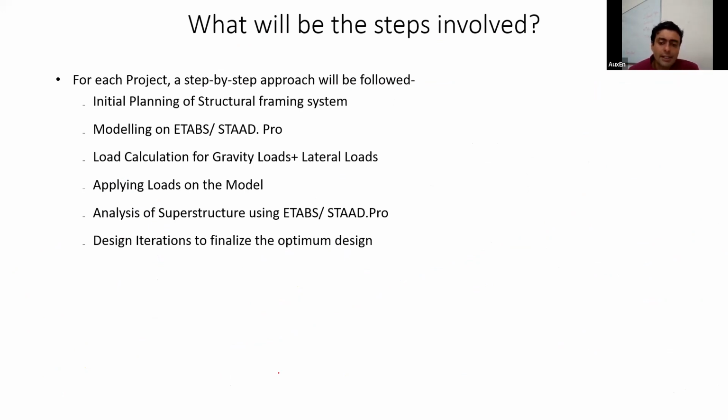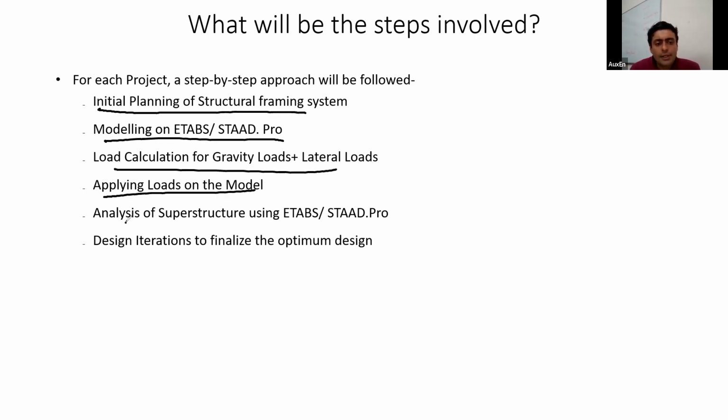So design iterations, I go back once again to the step-by-step process that we will be adopting. Initial planning, then we do the modeling, load calculation, load application. We choose some initial sizes, and then we do the analysis.